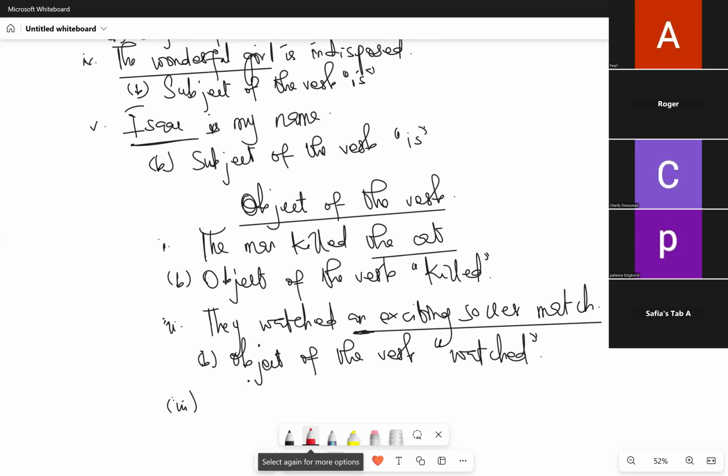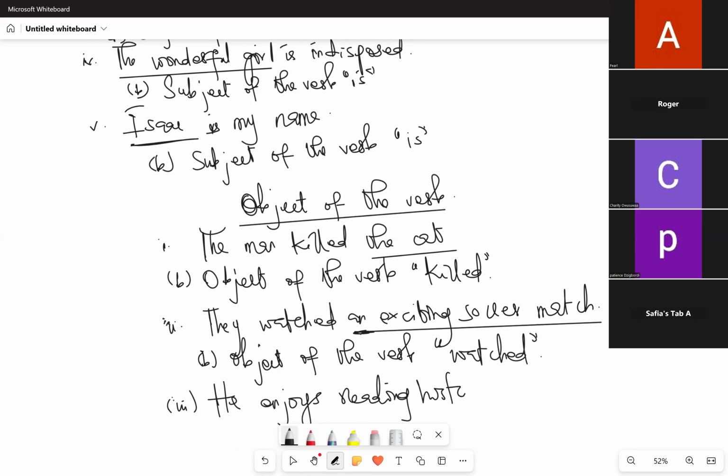So this is a noun phrase. He enjoys reading historical novels.